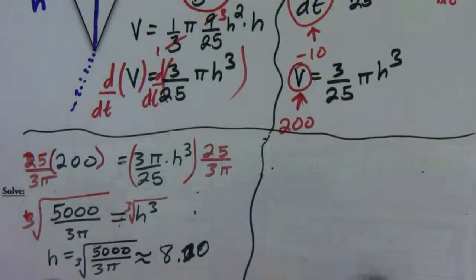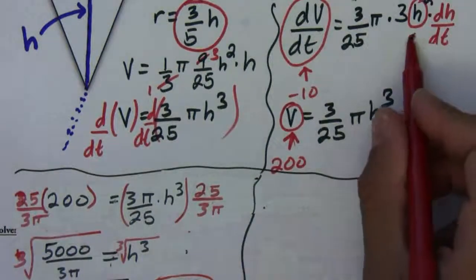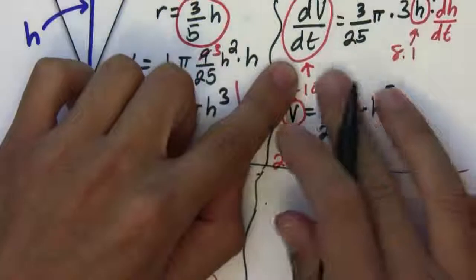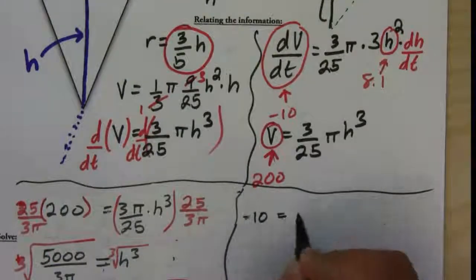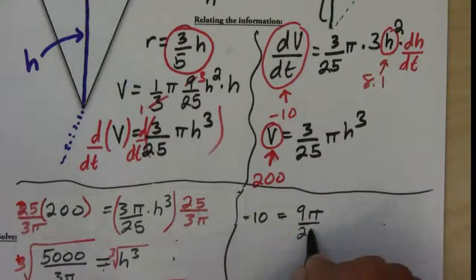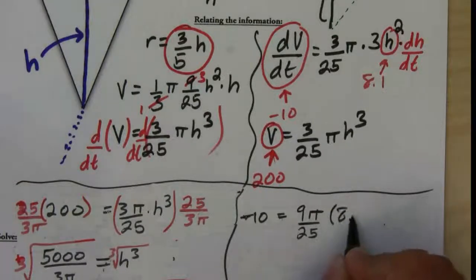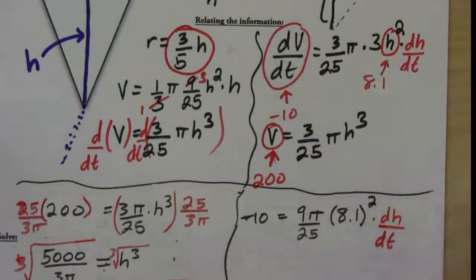Okay. So then what we can do is use this 8.1 and plug it into this formula for h. So what we would get with this is now negative 10 equals, these threes combine into 9 pi over 25 times 8.1 squared times dH over dt.